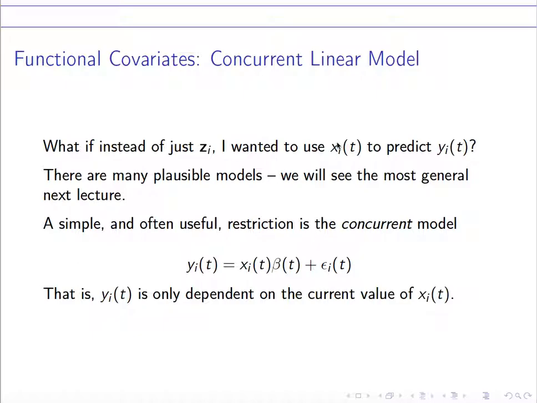So suppose we have one functional covariate x_i(t), and we want to predict the functional response y_i(t). The first model we can use is called the concurrent model.